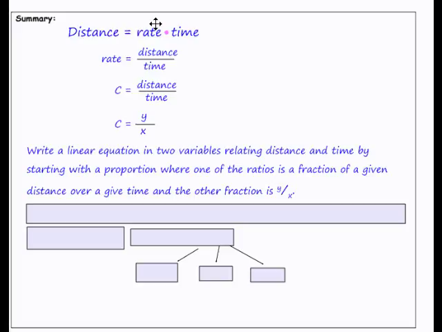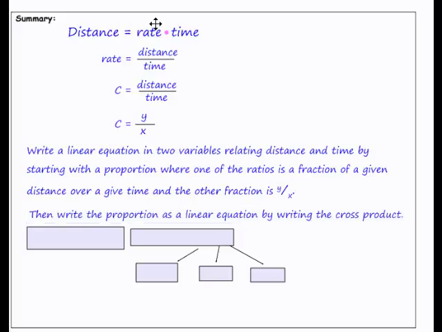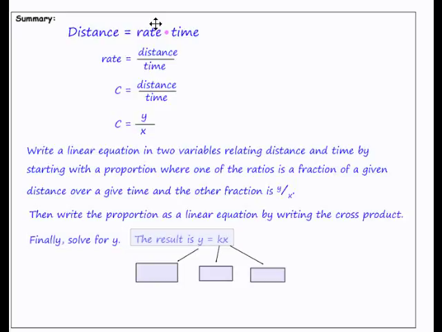We do this by starting with a proportion, where one of the ratios is a fraction of a given distance over a given time, and the other fraction is y over x. Then, write the proportion as a linear equation by writing the cross product. Finally, solve for y. The result is y equals kx. Y represents the distance, k represents the speed, and x represents the time it takes to travel y distance.